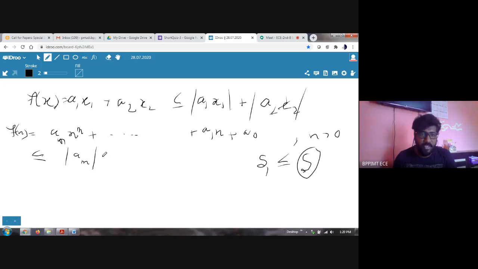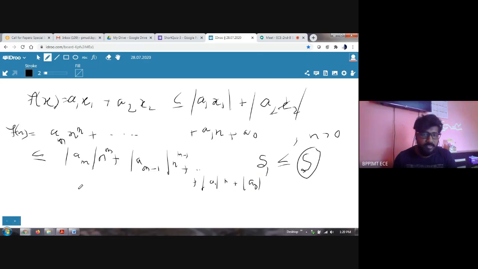So modulus of am to make the coefficient positive forcefully, times n to the power of m, then plus modulus of a(m-1) n to the power of m minus 1, then plus dot dot dot, mod of a1 into n, and plus mod of a0.